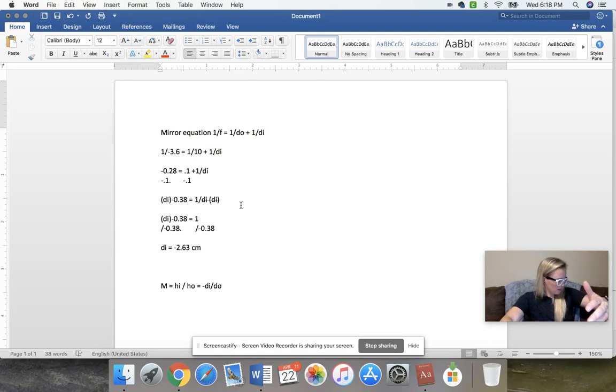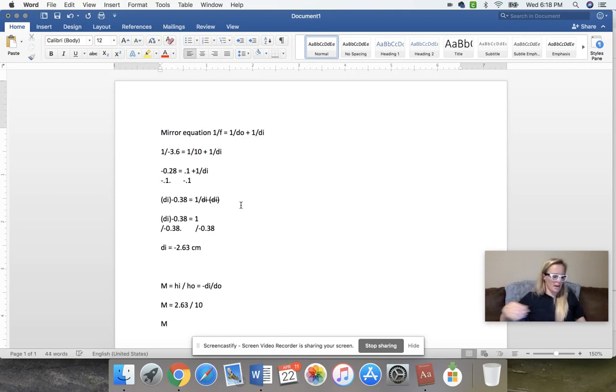Let's go ahead. We have the two distances, we just solved for distance. So let's do our magnification ratio. We have negative distance of the image. The image distance that we just solved for was a negative 2.63. Taking a negative of a negative gives us a positive 2.63 divided by our distance of the object, which was 10 centimeters.